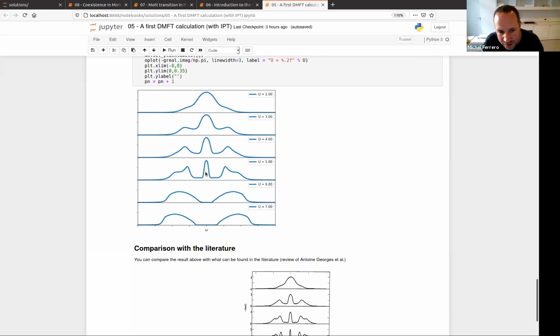But this peak becomes narrower and narrower, which means that the quasi-particle weight, or if you want, how good your quasi-particles are, becomes worse and worse. And slowly they disappear, and eventually you have a transition to a state that has no excitation at 0 anymore and has a gap.